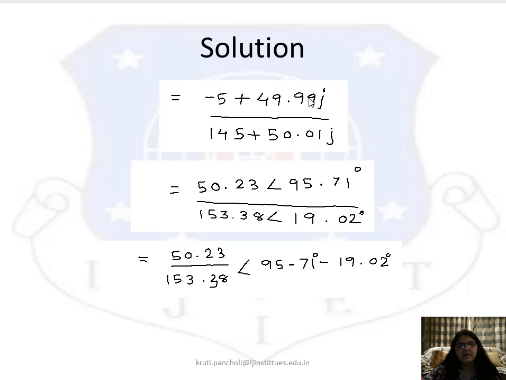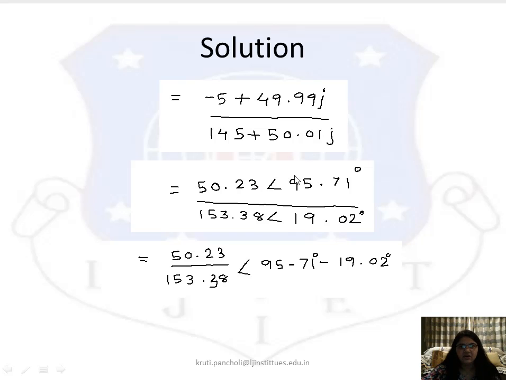Then a bracket will come. In the bracket, you write the values of A and B. So minus 5, comma, 49.99, bracket complete. By pressing the equal sign, you get the magnitude, that is 50.23. Now what is this? It is the angle.